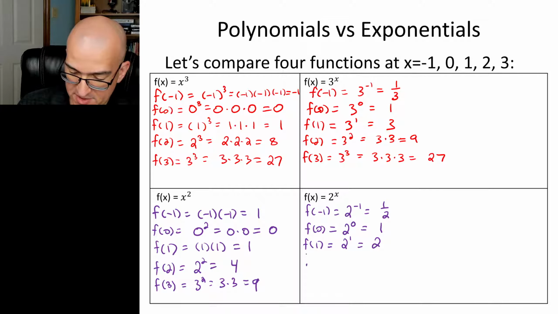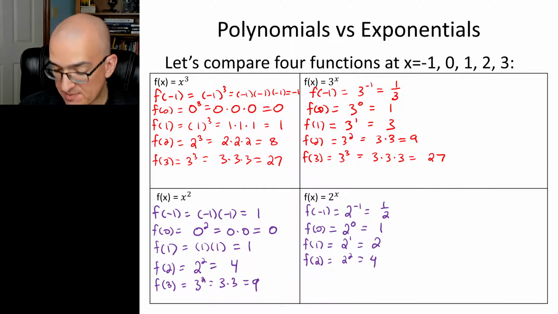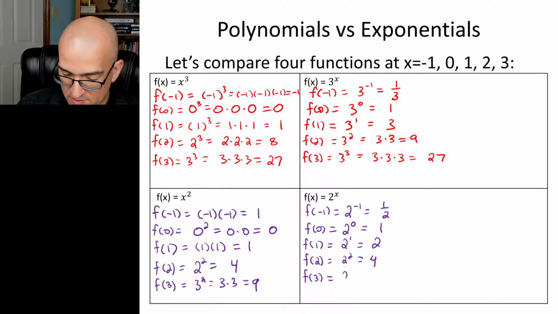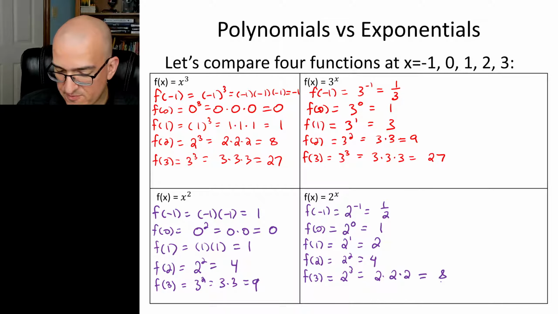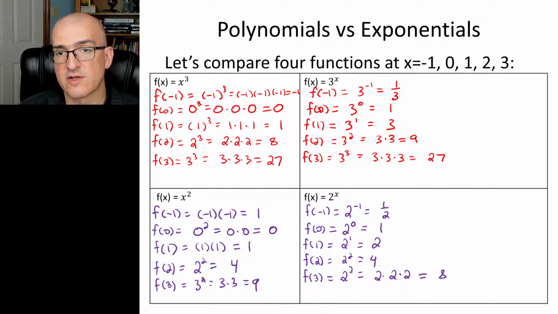So far nothing matches. f of 2 is 2 to the 2, which equals 4. Okay, there's the one that matches because both the numbers are the same, base and exponent. And f of 3, 2 to the power of 3 is 2 times 2 times 2, which is 8. So we can see that they're very different functions, x squared versus 2 to the x, just as x to the 3 and 3 to the x are different functions.